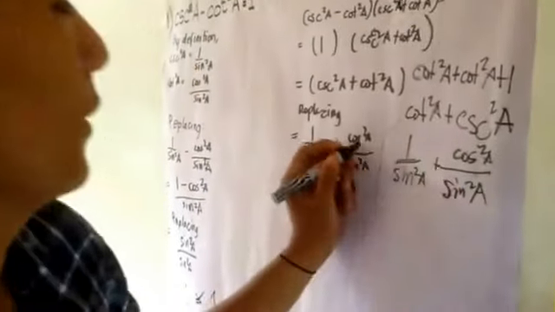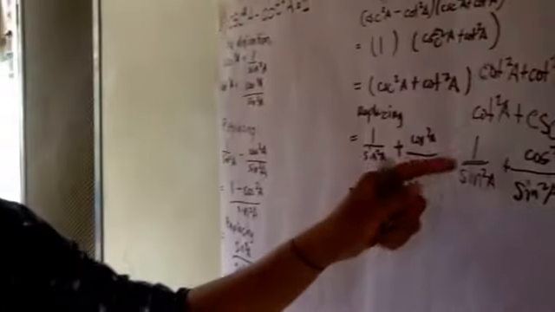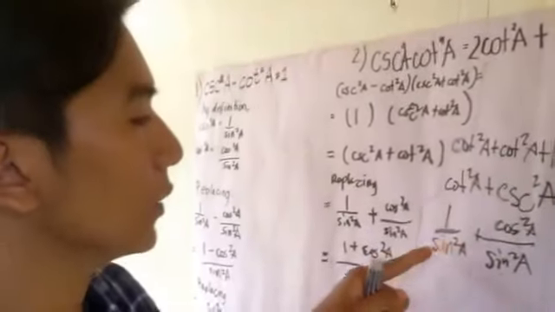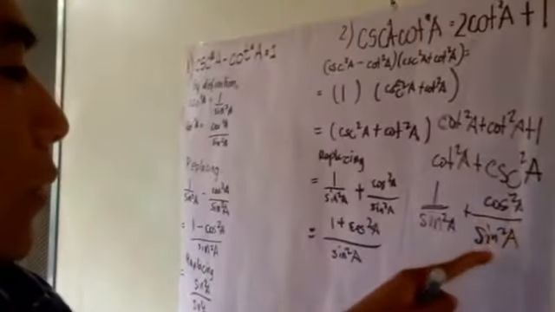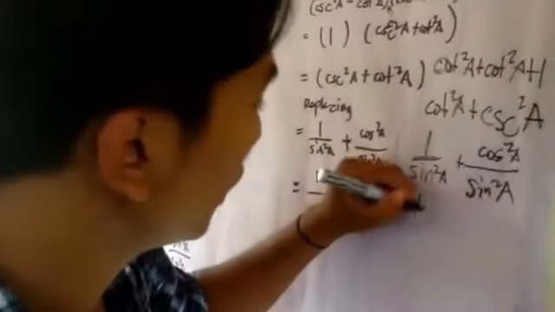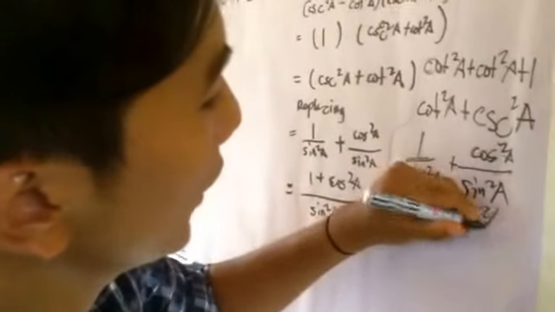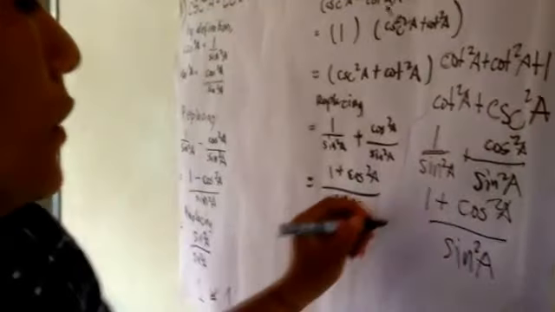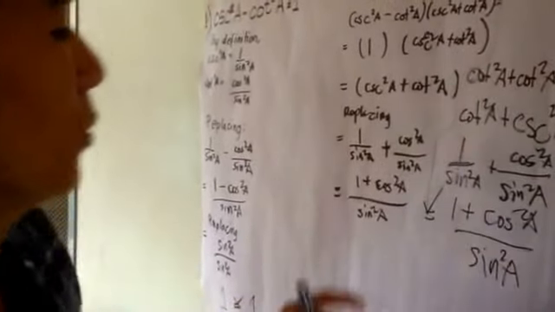Then we add 1 over sin squared A plus cos squared A over sin squared A. So 1 plus cos squared A all over sin squared A. So it's equal.